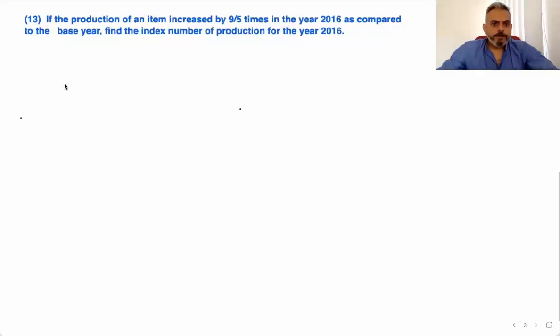Question 13. If the production of an item increased by 9 by 5 times in the current year 2016 as compared to the base year, find the index number of production for the year 2016. Very simple.